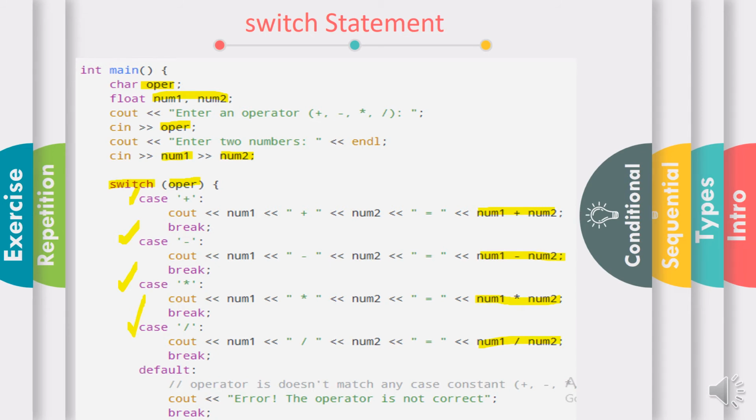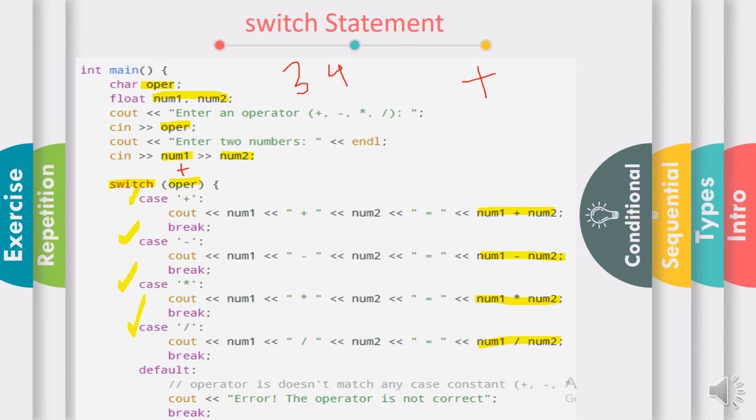Now, let us suppose the user has entered the plus operator. Now, this switch statement has the value plus. Now, it will match case plus, yes, this first case is matched, and the output will be like this. Let us suppose we have entered two numbers as 3 and 4.